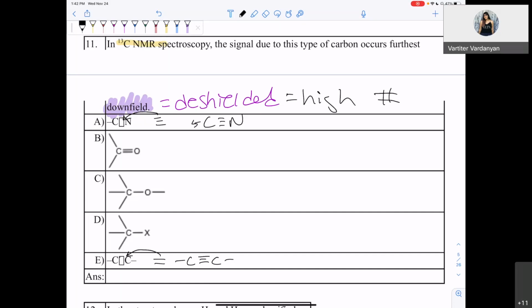It is B, and the reason it's B is because this guy is in the carboxylic region, which is, I believe, 190 to 220.